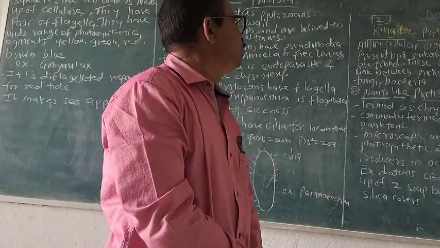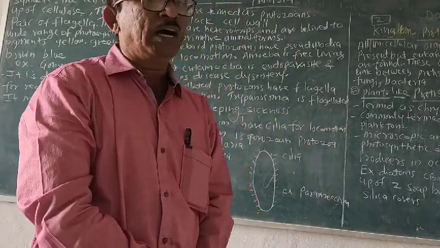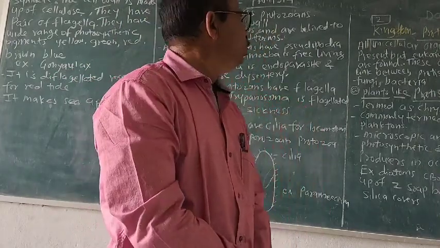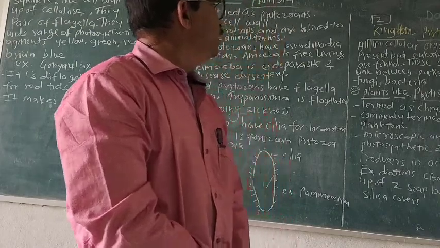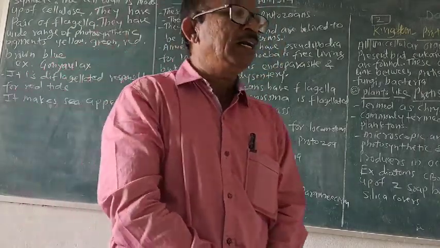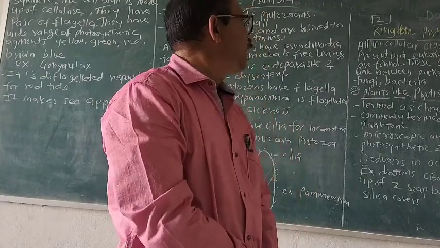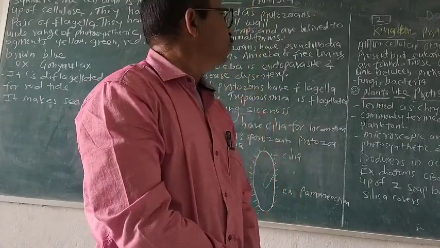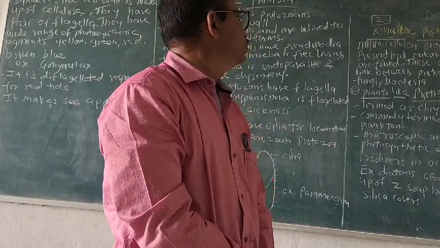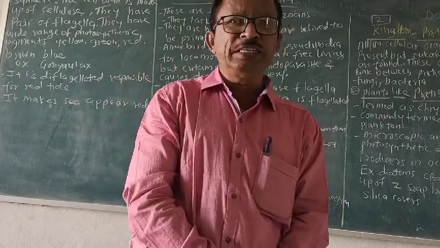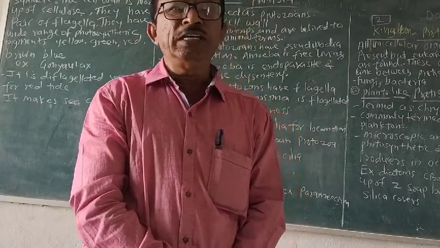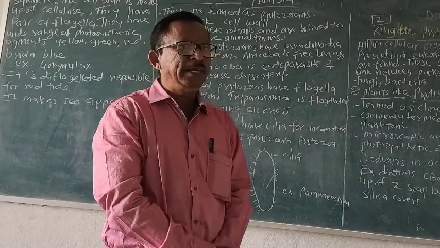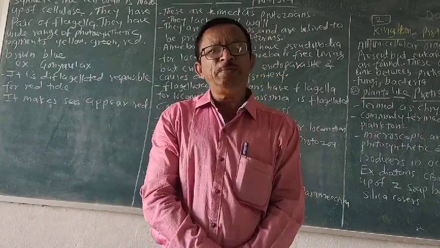Generally, all unicellular organisms are present here, but eukaryotic organisms are also found. These organisms show the link between Protista and plantae, fungi and bacteria.